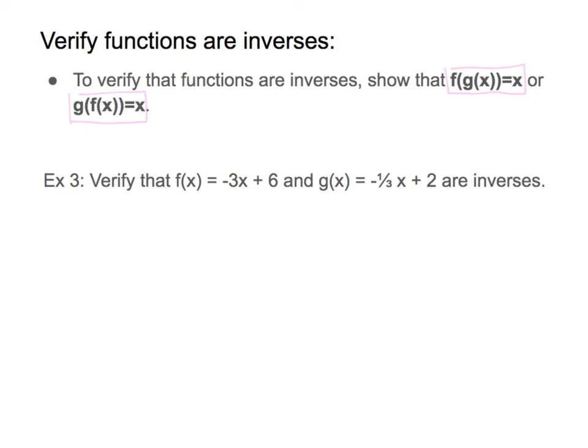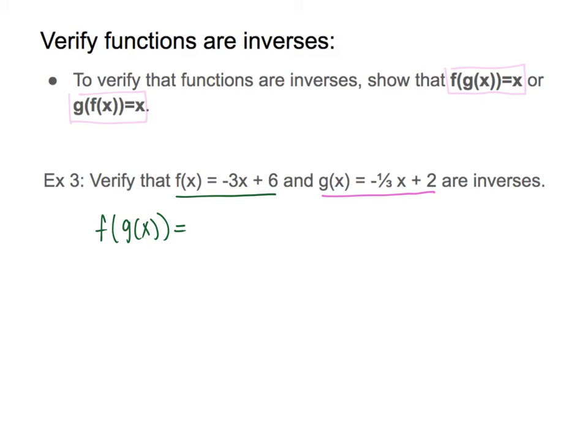So what I'm going to do is color code this first so I know which one is which. This one's f, this one's g, and I'm going to use this composition. So I need to start off with the composition, which is f of g of x. And just like what we talked about yesterday, if you want to solve this problem, you have to start with the inner function.